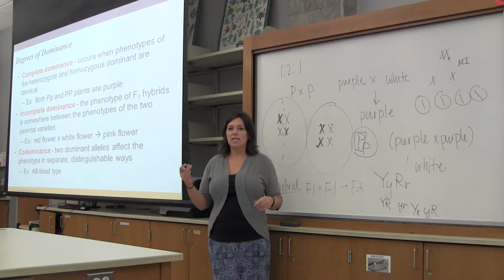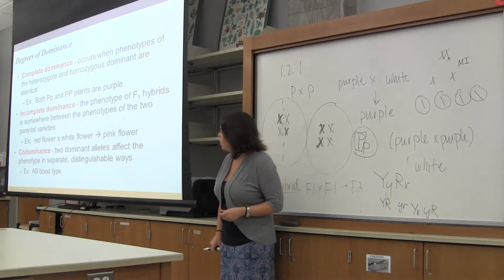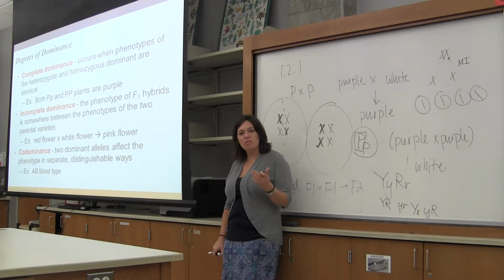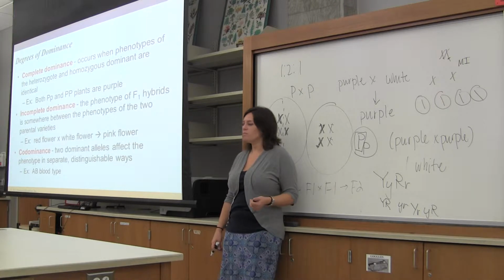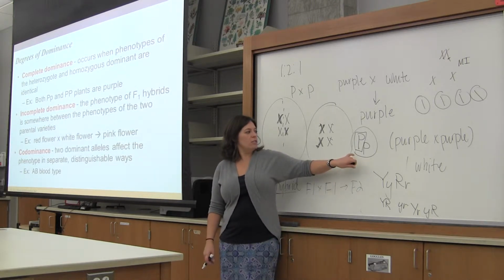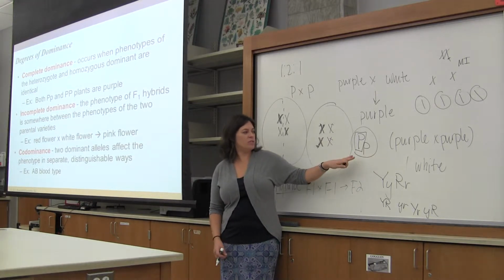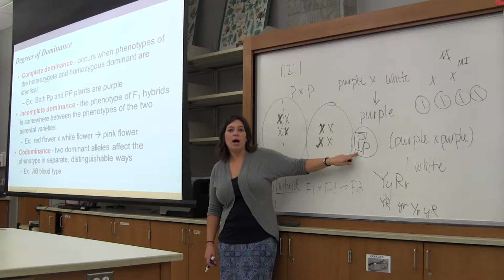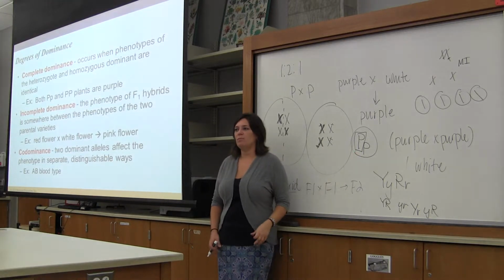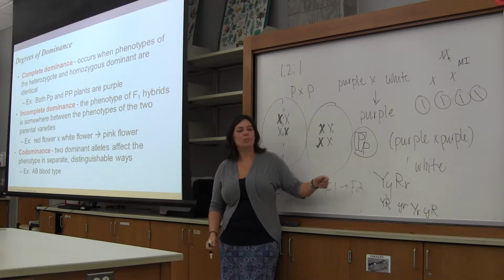Now, some traits do not show complete dominance. Some of them can show incomplete dominance, and then some of them can show codominance. Incomplete dominance is where you still have a dominant trait and a recessive trait, but that dominant trait isn't going to be as strong as it was in the purple.